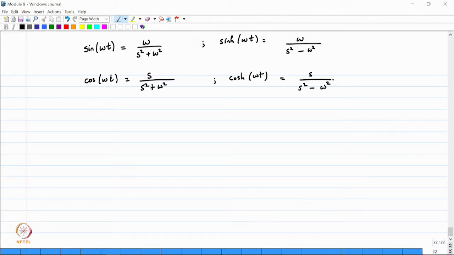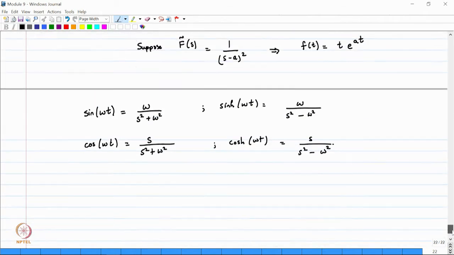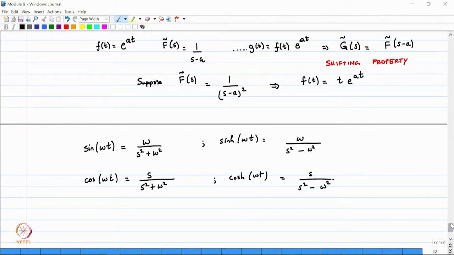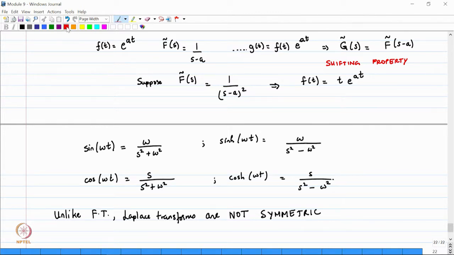Okay. Now, let us mention one last thing. We mentioned the shifting property of Laplace transforms. Now, Laplace transforms, unlike Fourier transforms, are not symmetric. So, you cannot have things like what we had with Fourier transform pairs.